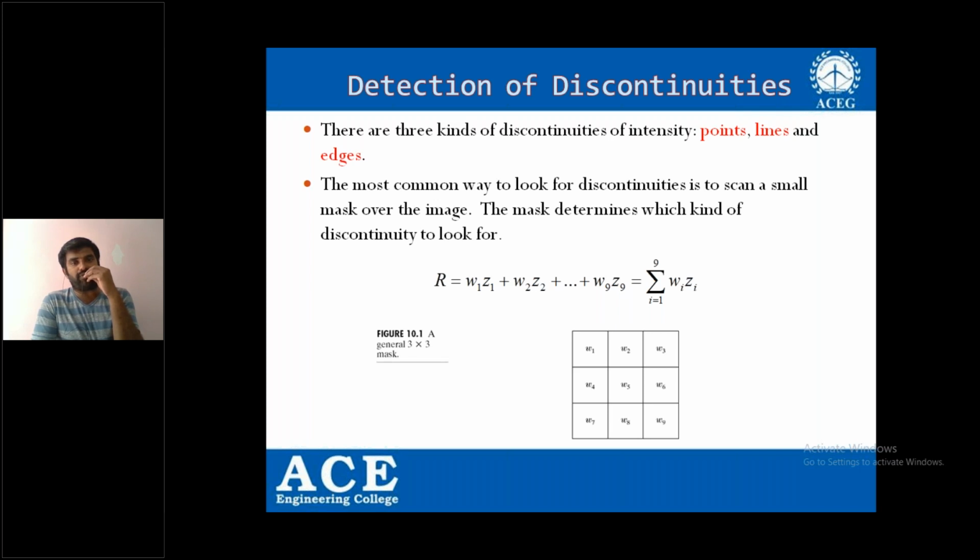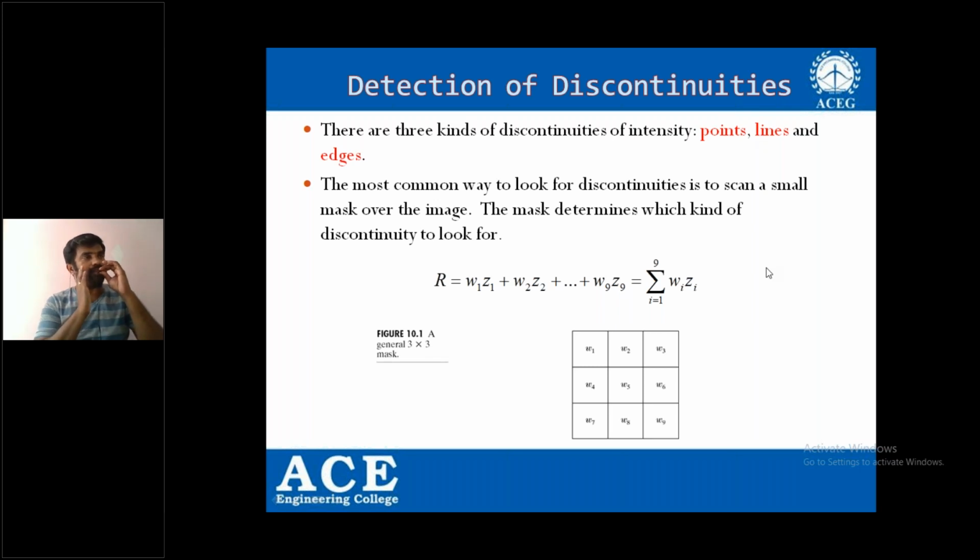When I keep that mask, the product of the window value and pixel value can be taken and summed together to find the resultant, that is R. So based on the R, you can decide whether there is any discontinuity or not.